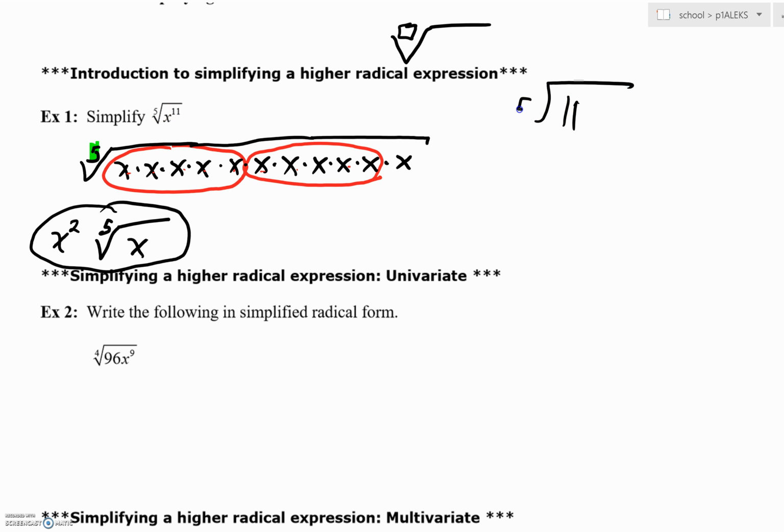If you were dividing 11 by 5, you'd say, how many times does 5 go into 11? You'd say 2. 2 times 5 is 10. And you'd minus. Do you remember when you do that R1, there's 1 left over? Oh, yeah. Right? That means there's 1 left over inside the radical. Right? And that means 2 of them are going to have to come out.